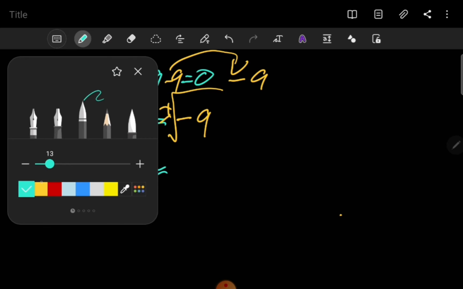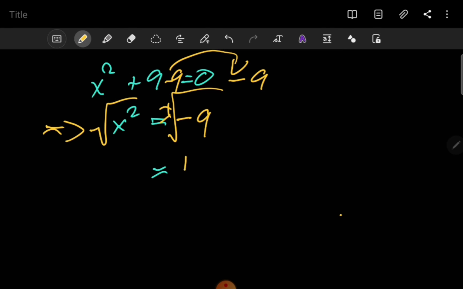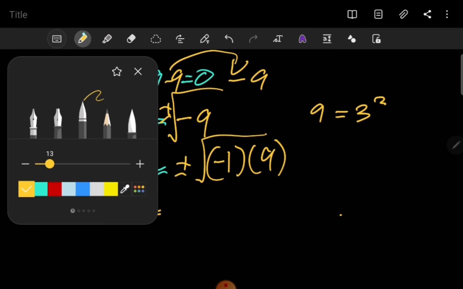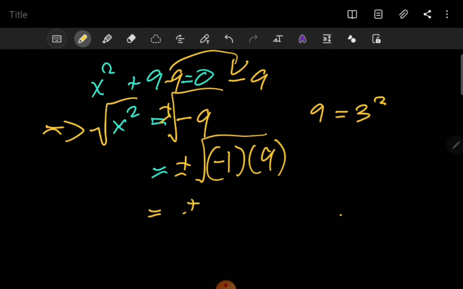It will become something like this. Notice that 9 is a perfect square because 9 is equal to 3 squared. So therefore the square root of 9 is equal to 3.